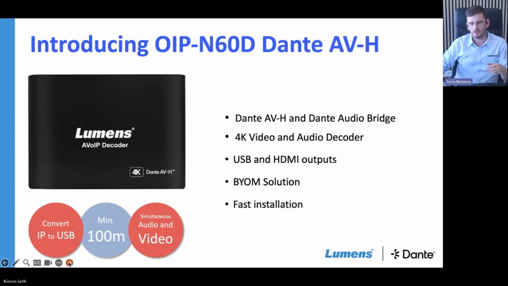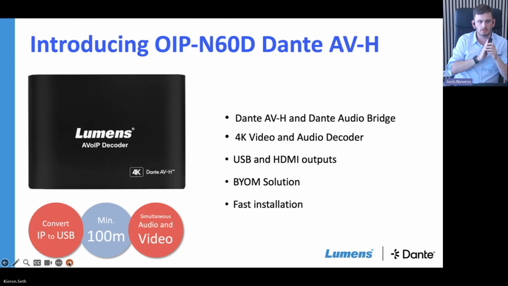So when we talk a bit more about the product, what do we have? We have a Dante decoder. We can connect the device to the network, and over the network we will receive video and audio. We can then convert that audio and video into USB-C. That means your MTR or your Barco ClickShare will receive the Dante video and the Dante audio.